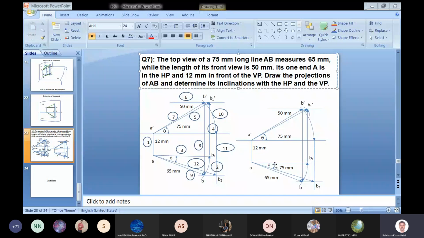So here we just draw this horizontal line, and once we draw it, take an arc of 65 millimeters length, so we will have an arc here.